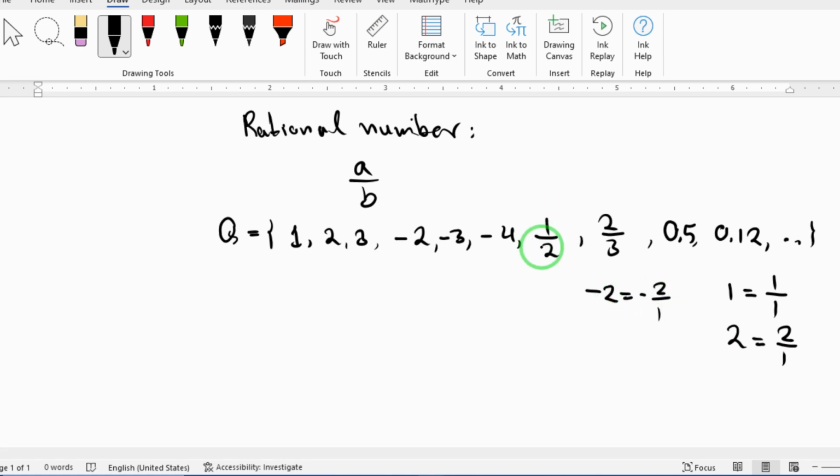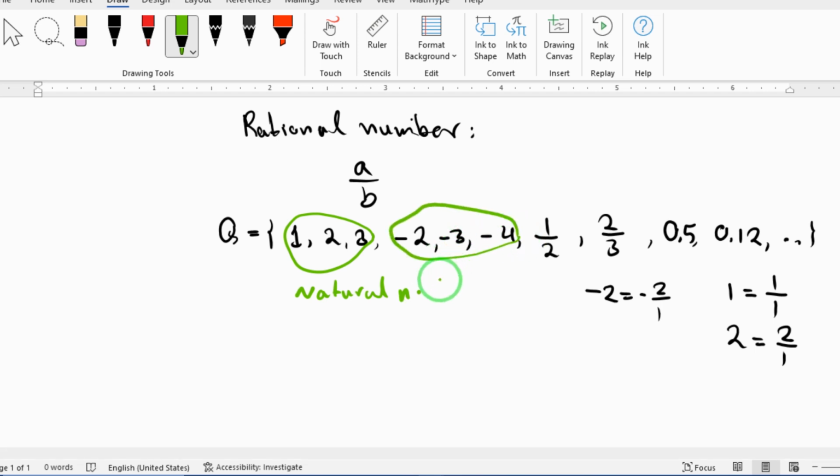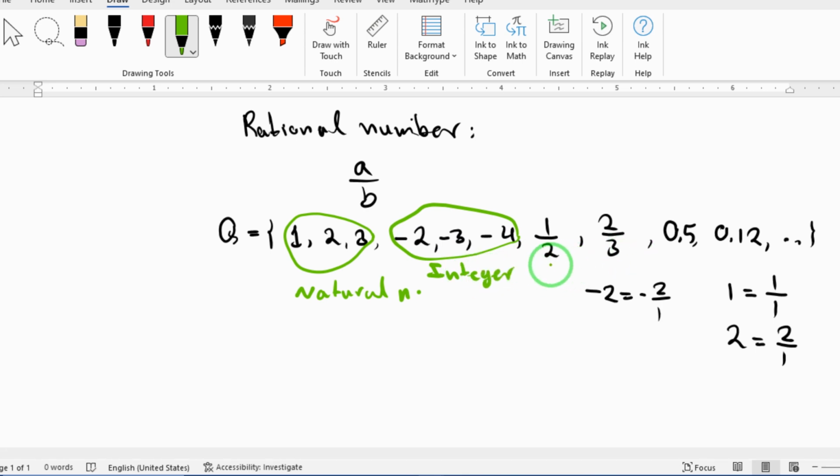So rational numbers include natural numbers, integer numbers, and also fractional numbers.